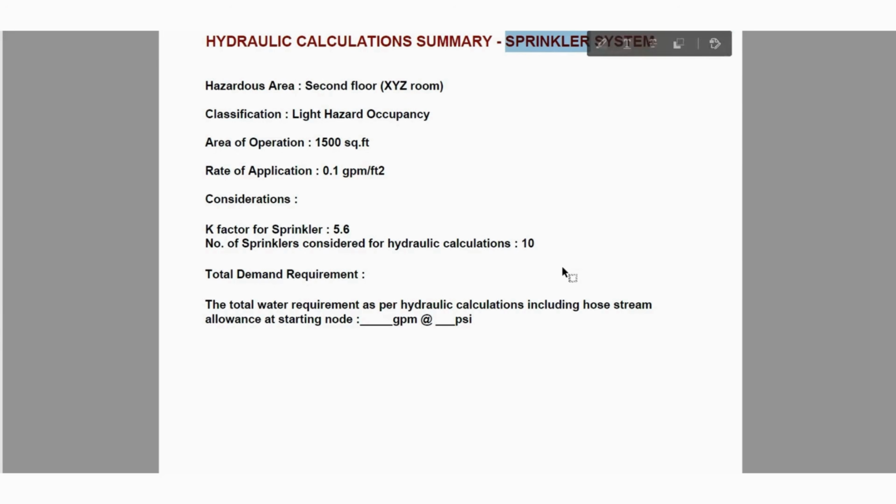This is an NFPA 13 requirement. I will share the NFPA 13 2019 edition via email so that you can find these details. Please remember, whenever we perform hydraulic calculations for a sprinkler system, we need to add hose stream allowance to the sprinkler demand.